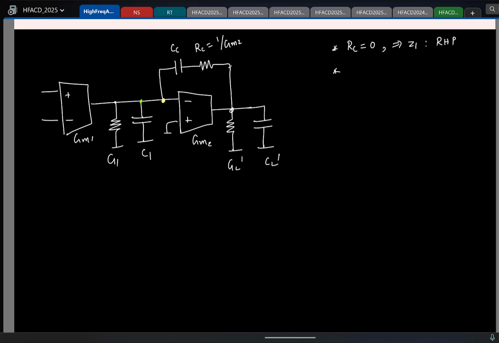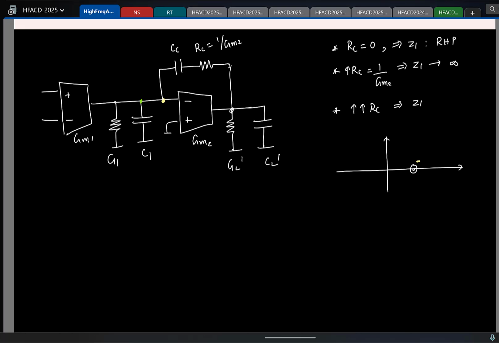So now I kept increasing RC, and let's say I made it equal to 1 by GM2. Where did the 0 go to? Infinity. So that begs the question, if I keep increasing RC further, what do you think will happen to the 0? Think of it like this. This is the S plane. Earlier my 0 was in the RHP. I kept increasing the resistor value.